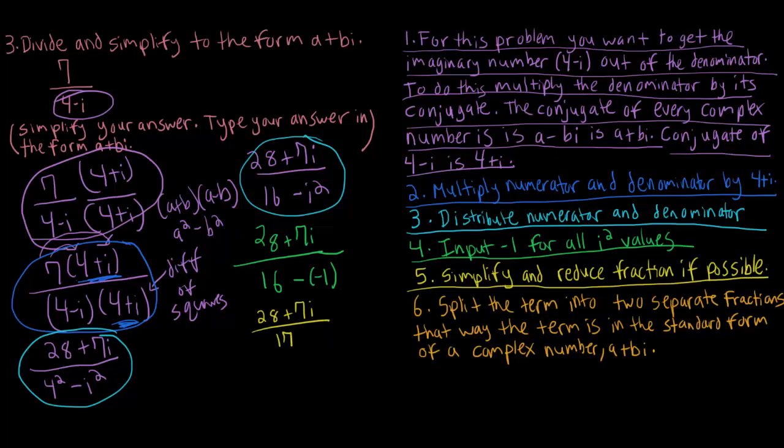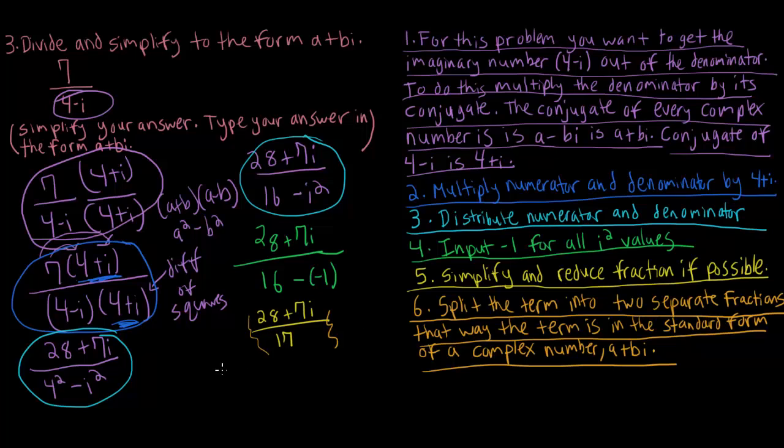And then our last step, step 6, says to split the term into 2 separate fractions. That way the term is in the standard form of a complex number, a plus bi. So we can just split this into 2 fractions.